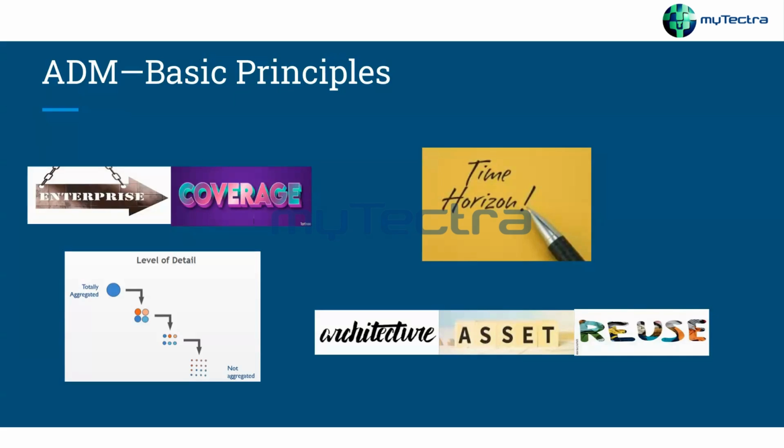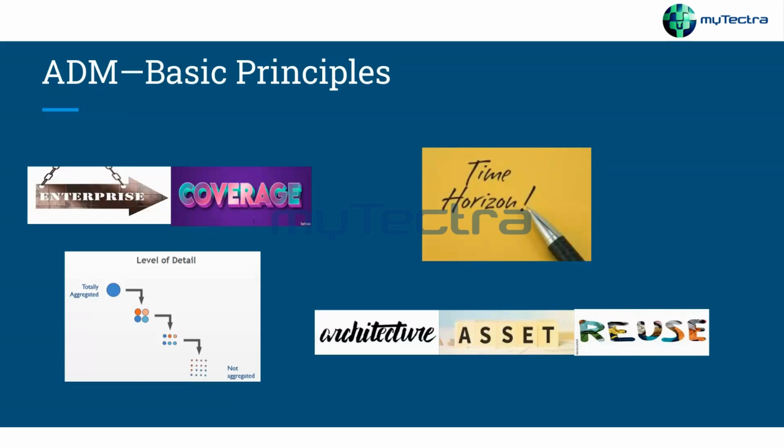Basically, it's an iterative method, and the ADM comprises linked phases. It has full life cycle management of an architecture, as well as operational deployment, change, and planning. The ADM has the requirements management phase at the center, as you saw in the diagram.